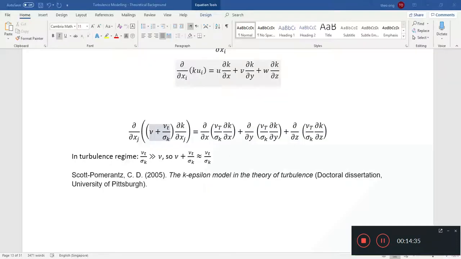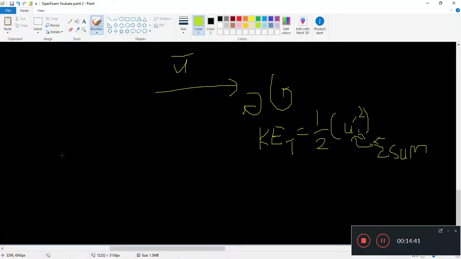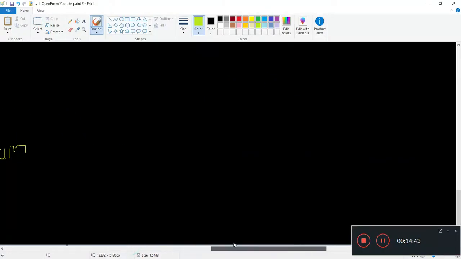But what I'm saying is that in CFD code, you don't ignore that. Why is that the case? Well, let me show you.